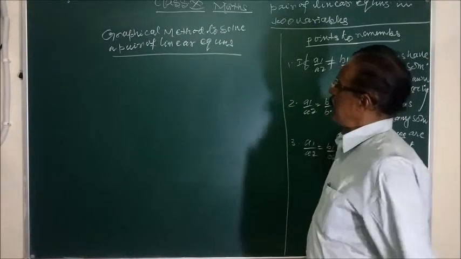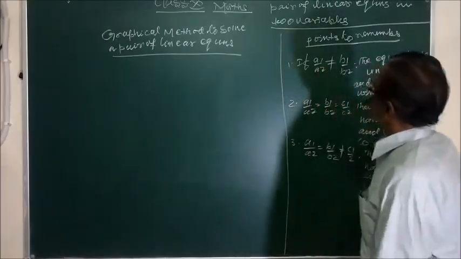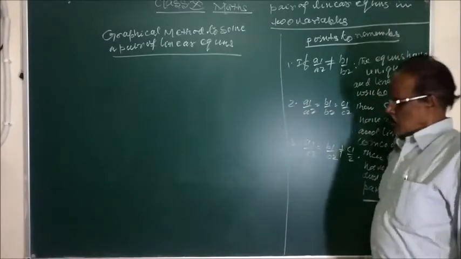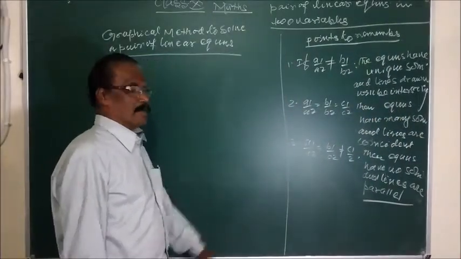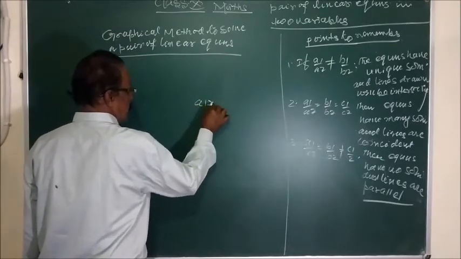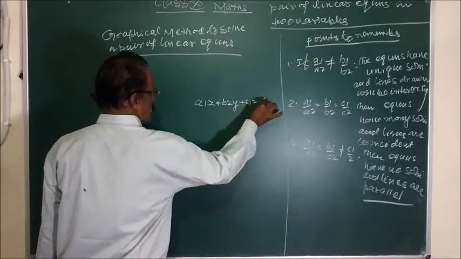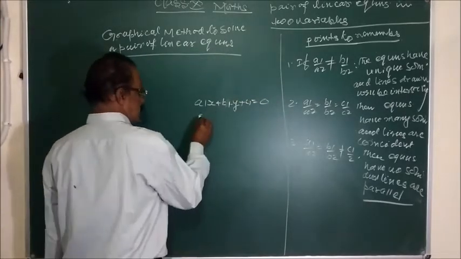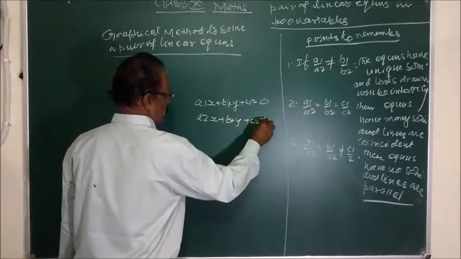Now you see the graphical method to solve a pair of linear equations. These 3 points you should remember. What are the points? If A1 by A2 is not equal to B1 by B2. I have already told you that this is the general form, standard form of linear equations of two variables, A1x plus B1y plus C1 is equal to 0 and A2x plus B2y plus C2 is equal to 0.